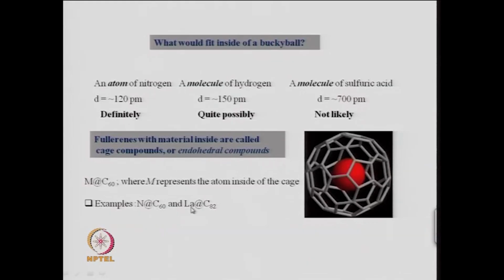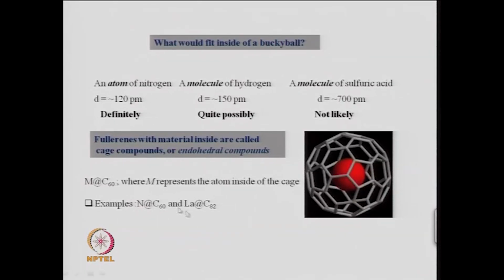If you put lanthanum, a rare earth element, it is known that it goes inside a cage, but lanthanum goes into a larger fullerene, C82, which has a larger diameter than C60, and lanthanum is a bigger atom than nitrogen. So, lanthanum goes in a C82 fullerene, but not a C60 fullerene, whereas a small atom like nitrogen can go inside C60.